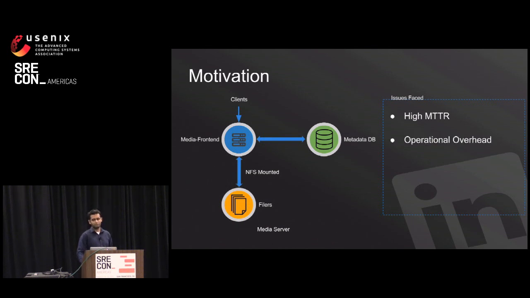So operational overhead. Now, this operational overhead, combined with the fact that it was NFS mounted, we came to the conclusion that it was not going to scale to the high network load that we were expecting. And the last issue, the most common one, was that these filers were really hard to maintain, as in really expensive. So it wasn't a very cost-effective solution.